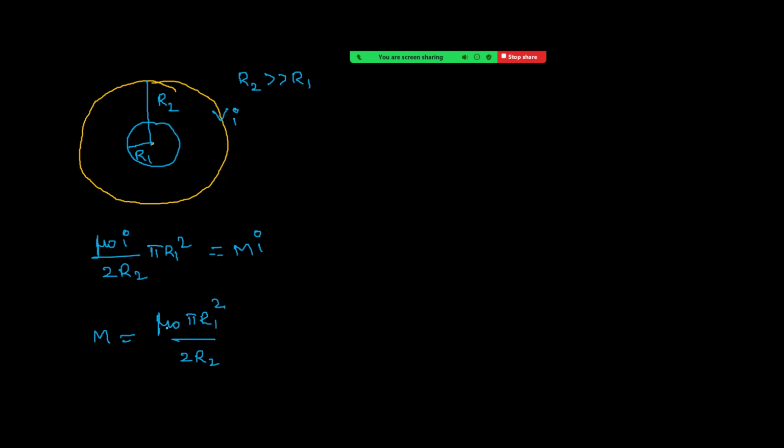Okay, R2 is very large compared to R1, so this is mu naught I by 2R2 times pi R1 square. As per this condition, the calculation we have done is correct. This is the coefficient of mutual induction for this pair.